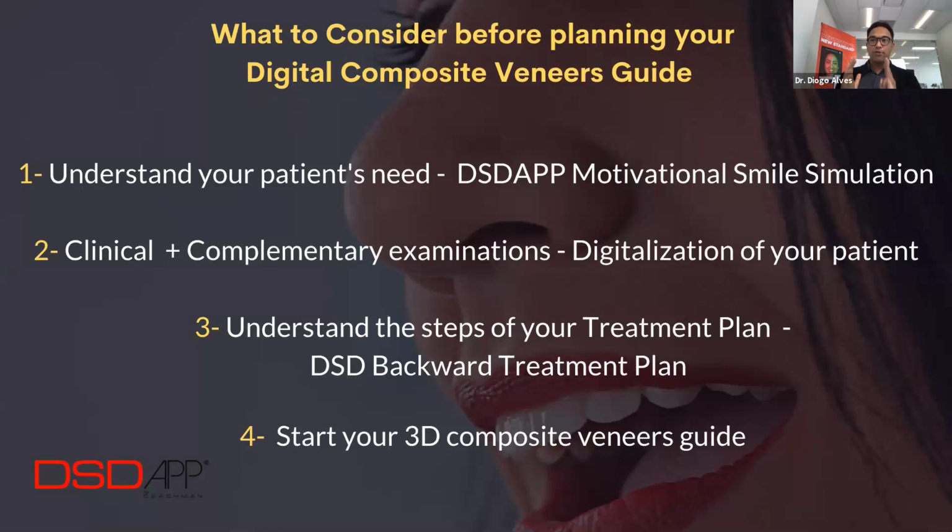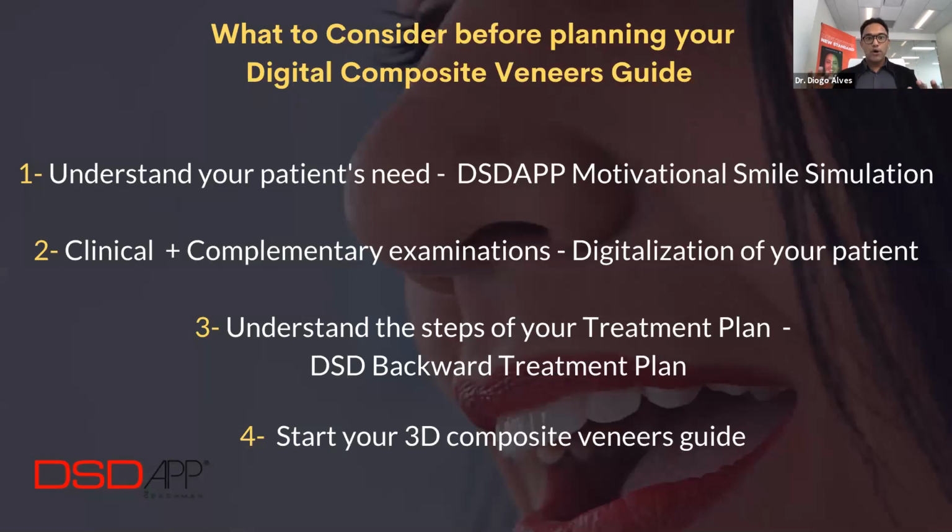Then number 3 is understand the step of your treatment plan. That's what we call the DSD backward treatment plan. We believe that everything starts by analyzing the patient's facial structure.